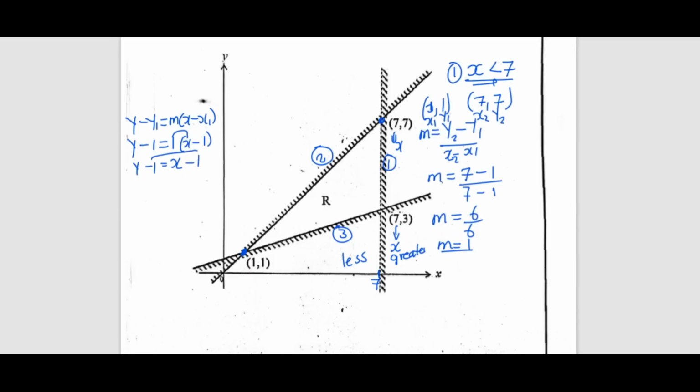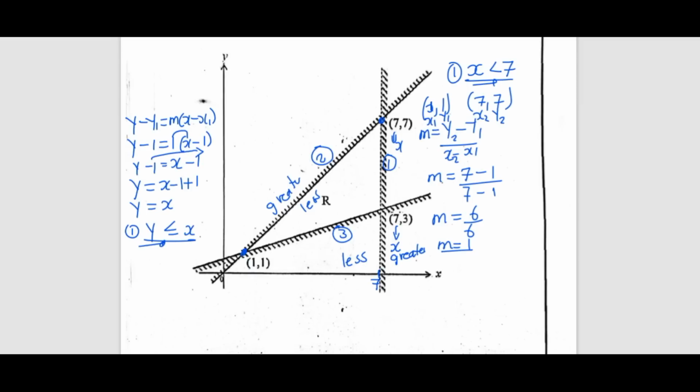Then we shift this number to this side. This gives us y is equal to x minus 1 plus 1, which is y is equal to x. Now we need to replace the equal sign with the inequality sign. The above region is greater, the lower is less, so we want the lower, so we put y less than or equal to x.